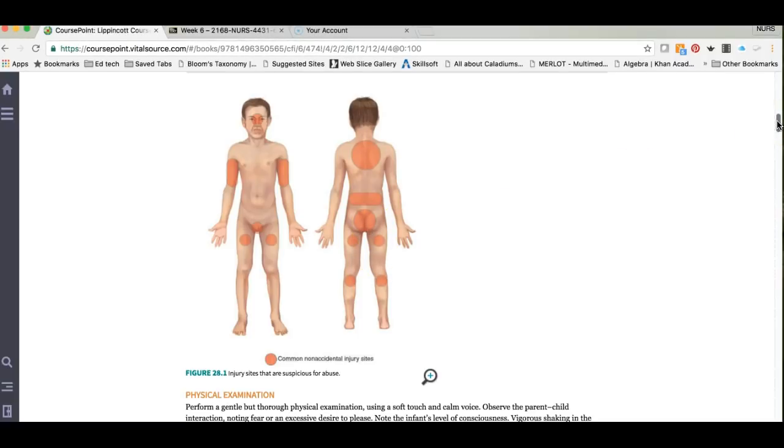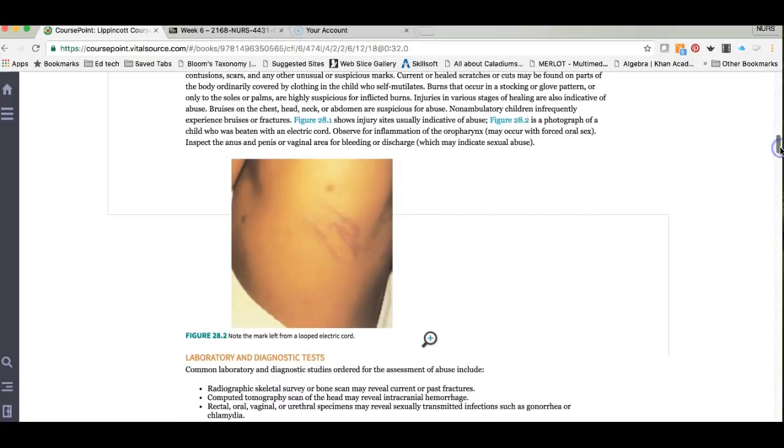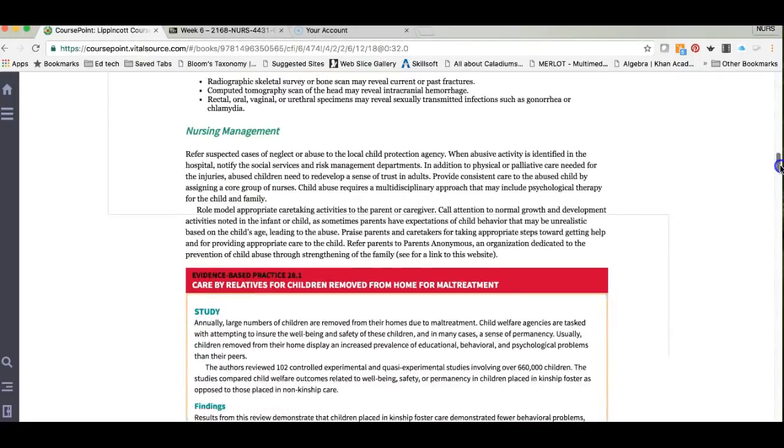Let's take a toddler. Toddlers fall down a lot, right? So bruises on their shins, bruises on their head, may not be indicative of abuse. However, bruises in various stages of healing on their ribs might be. So a good assessment, if you suspect something, is really important. Okay, there's an electrical cord mark.